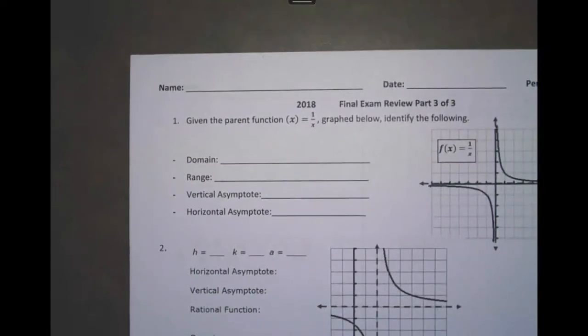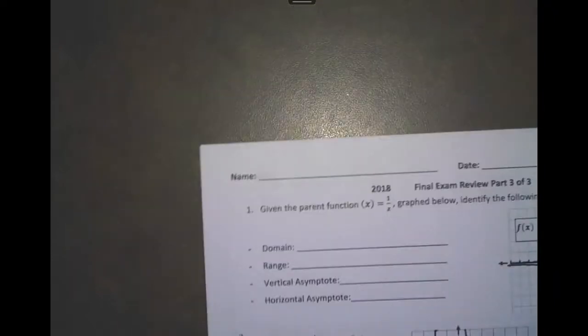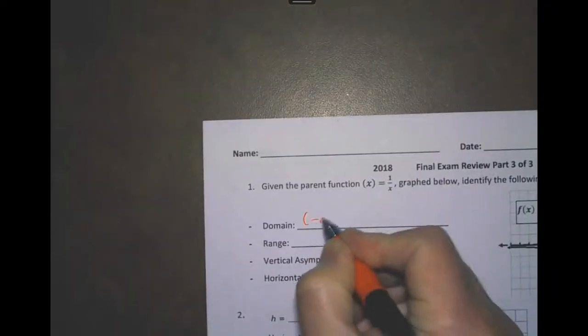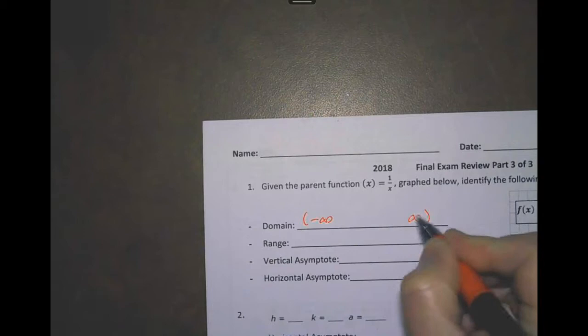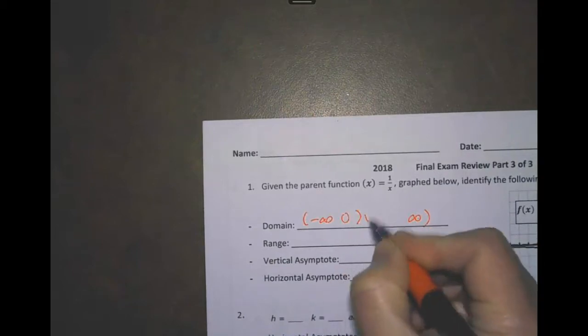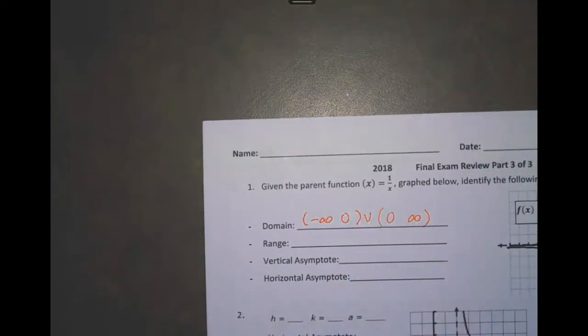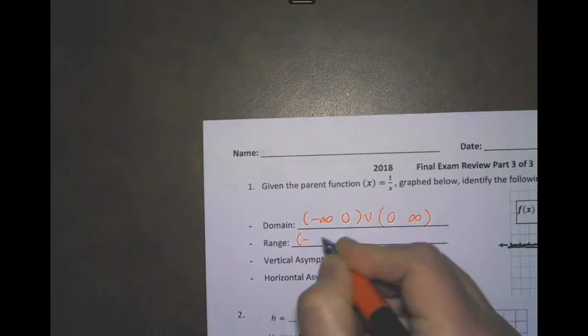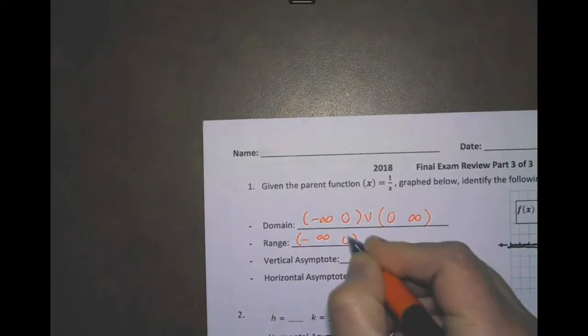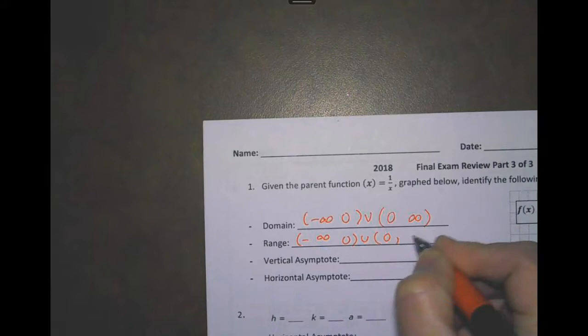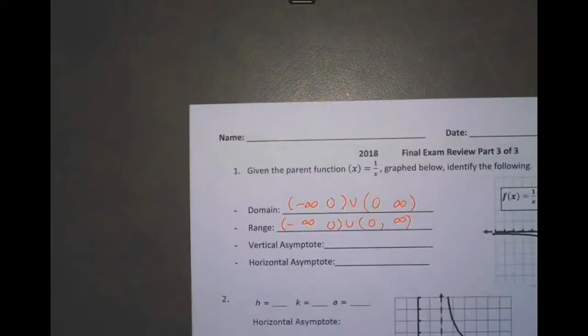The domain of this function right here is all real numbers except 0. The range is all real numbers except 0. The vertical asymptote is right here.